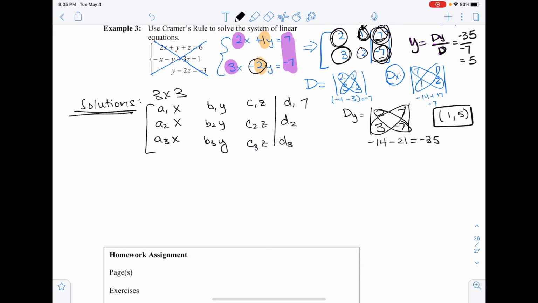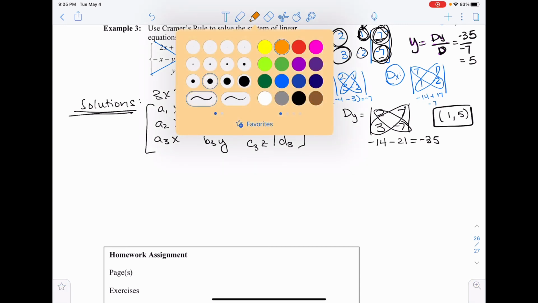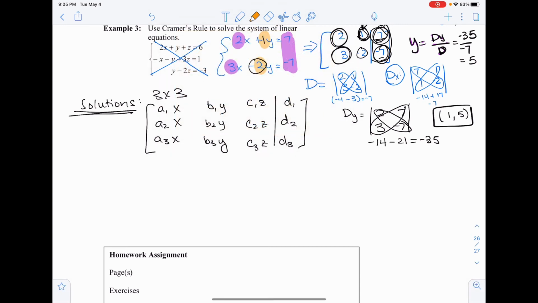So remember, again, this is the matrix that's representing the 3 variable equation where A is the coefficients on x, B are the coefficients on y, C's are the coefficients on z's, and D's are those solutions that are listed.